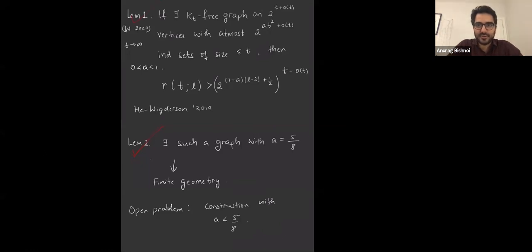And at this point, I should suggest again the following notes by Yuval, where he talks more about where these ideas are coming from and writes them down in a much more general form. I chose this 2 to the t plus little o of t just for convenience, but of course you can write this as some number n and then make an estimate also.